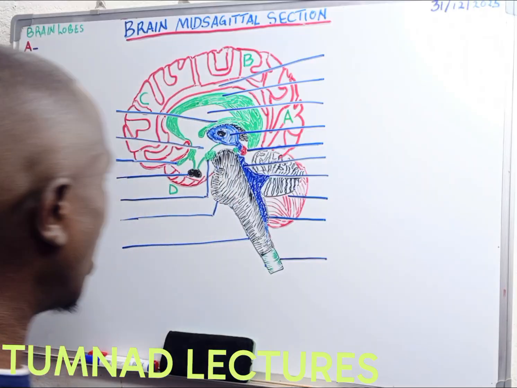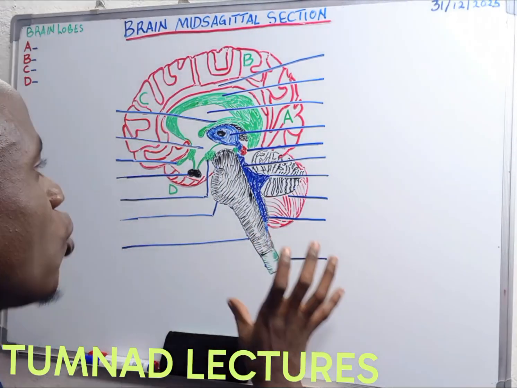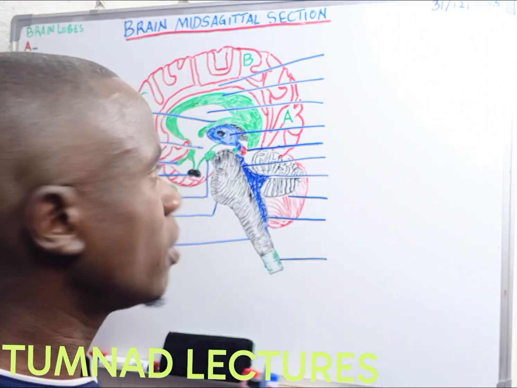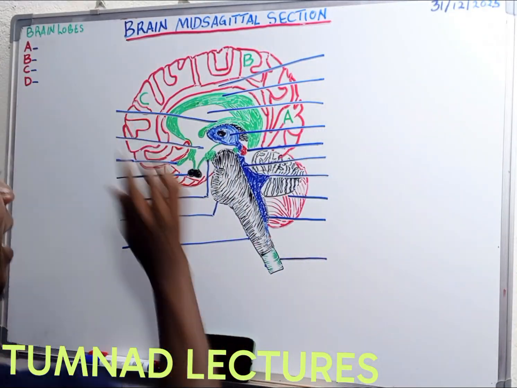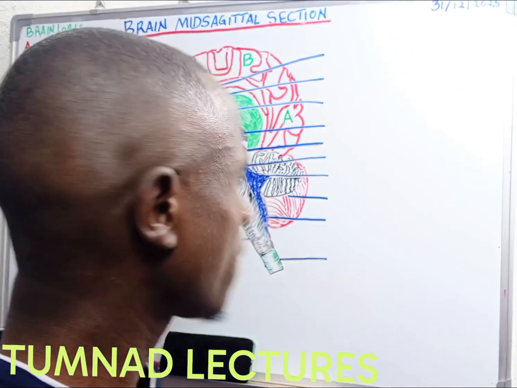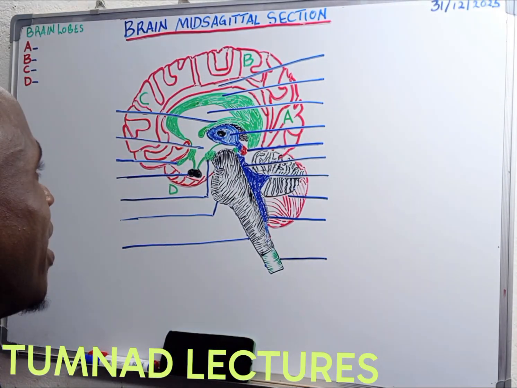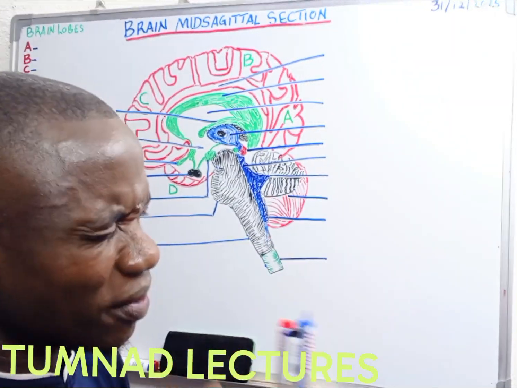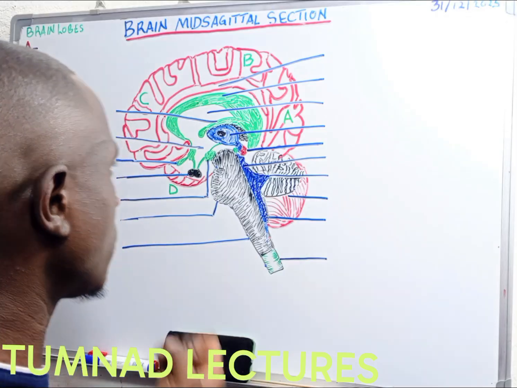Now, this is showing what we call the central nervous system, which has the brain, and then I've just drawn a very small portion of the spinal cord. So now we are going to start by labeling some of these parts, and I'll be talking about some of the functions played by those parts.